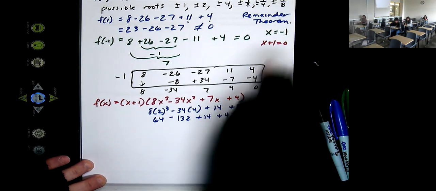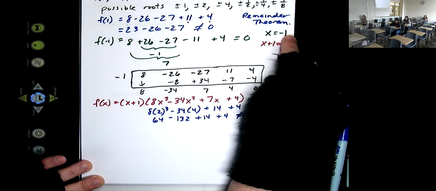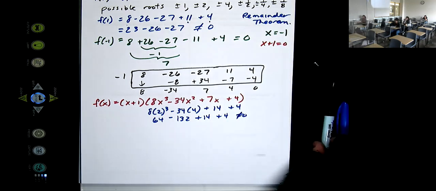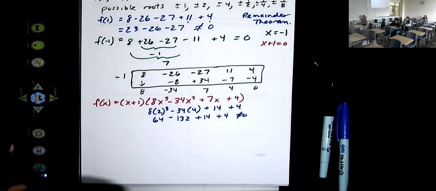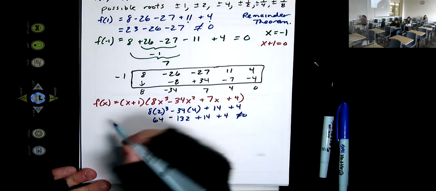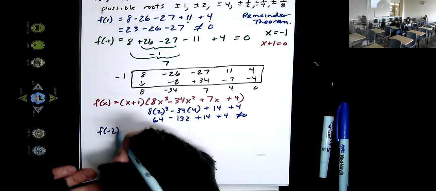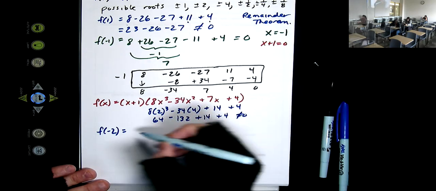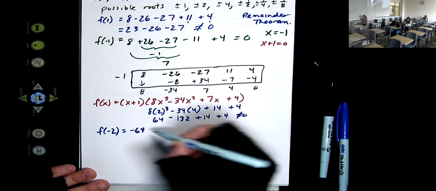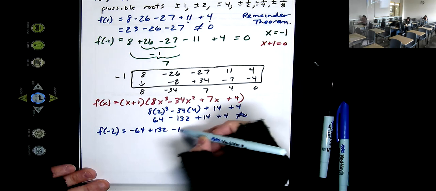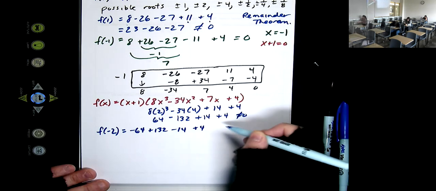I have one of the negative roots already, so I know there's only one left. Maybe I should focus on negative roots. So maybe I shouldn't have tried a 2. Maybe I should try -2 and -4. So what is -2? If I stick it in, this is -64 plus 132 minus 14 plus 4. That's not a 0 either.